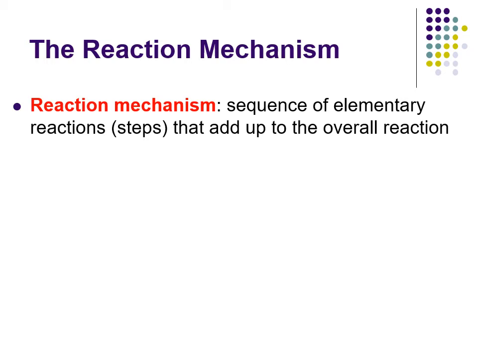But again, that's probably an oversimplification as well. It's probably done in more than one step. Those steps that we've been ignoring until now are what we call the reaction mechanism. We're going to talk about the steps themselves as being elementary reactions or elementary steps. And if you were to sum them all together, you get your overall reaction.